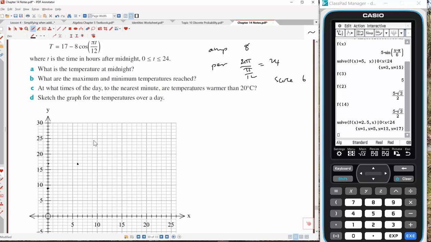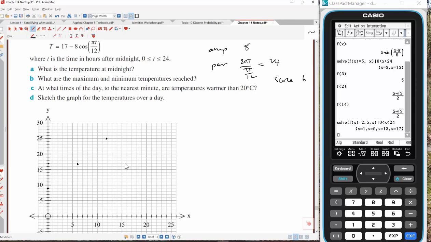Then it's going to go up to the max value, which is 17 plus 8 is 25. And where is it? It's going to be at 12. There. And then it's going to come back down again.